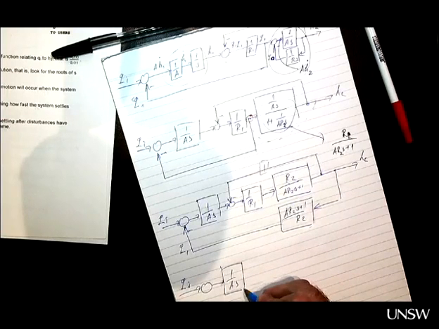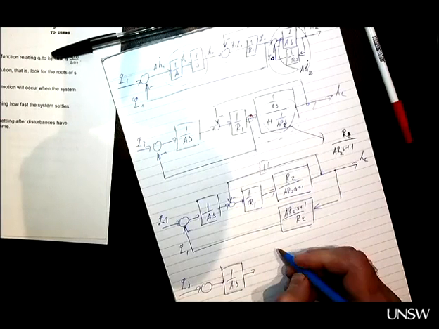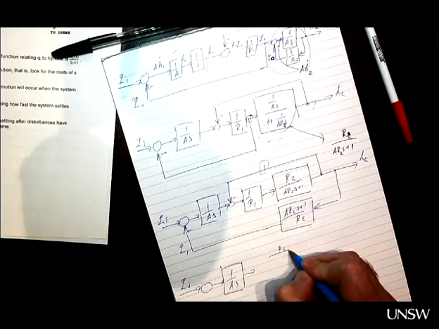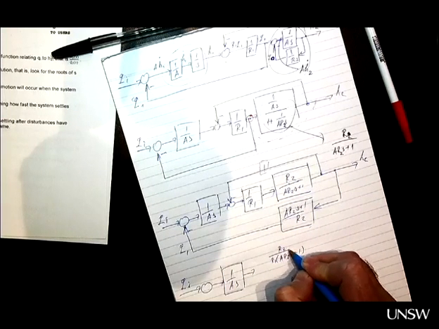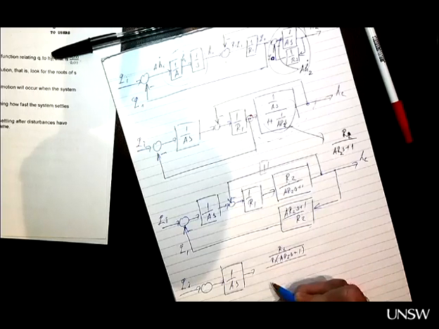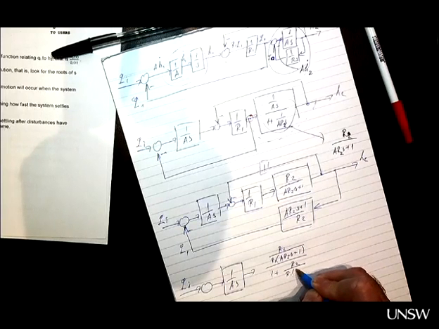So this becomes R2 over R1 A R2S plus 1, over 1 plus the same thing, R1 A R2S plus 1.